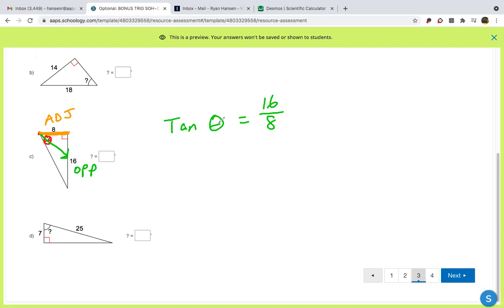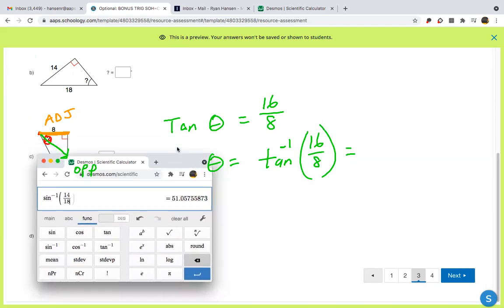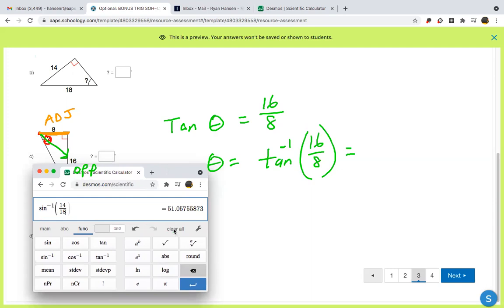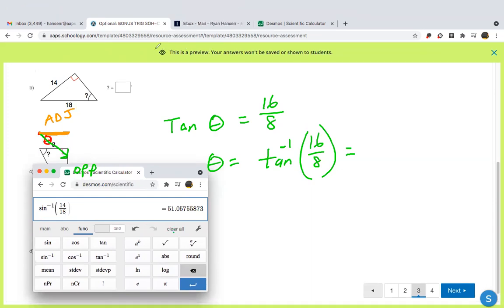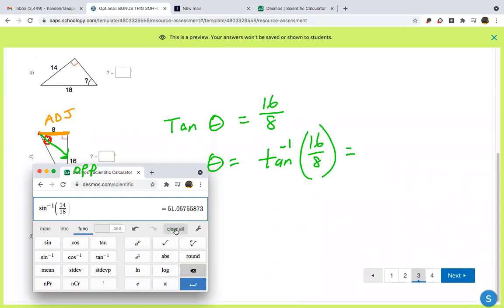But remember, we're looking for this angle, so you have to do the inverse with the little -1 nomenclature of 16 over 8. So if I drag over the handy dandy calculator, that is going to be inverse tan of 16 over 8. Some of you might notice you could pre-simplify 16 over 8 to 2. Of course, you'll get the same answer.